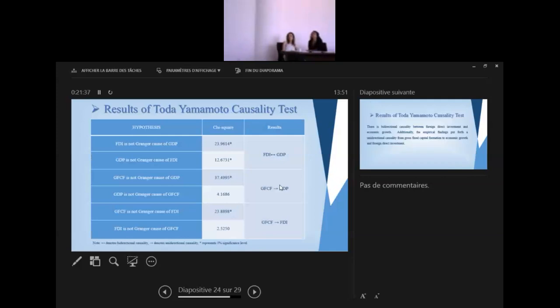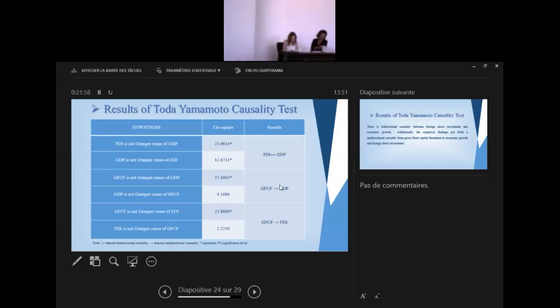So from the ARDL, so from the autoregressive distributed lag model, I come to the result of the Toda Yamamoto causality test. I did this test to show the causality between the variables.